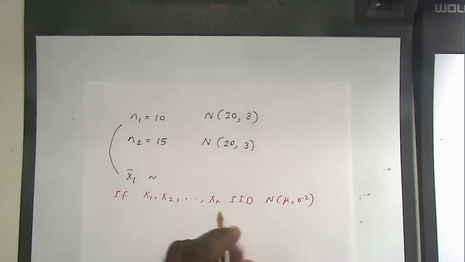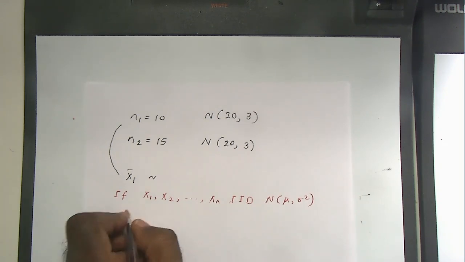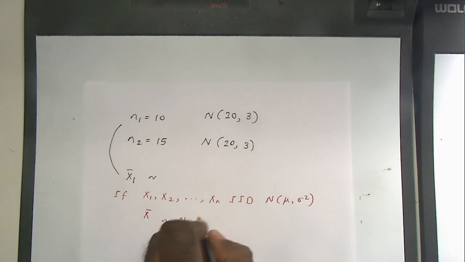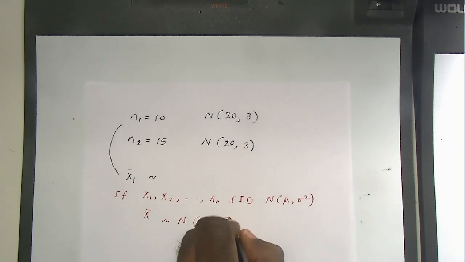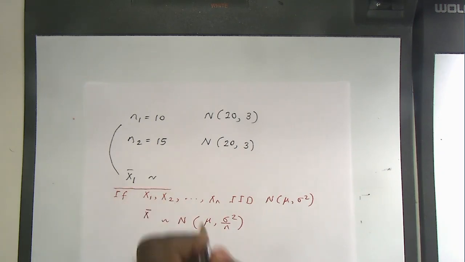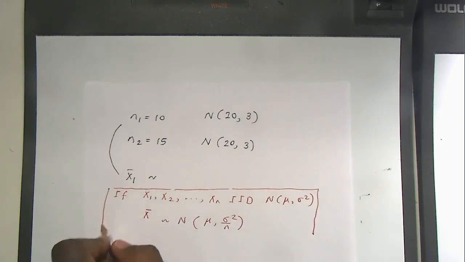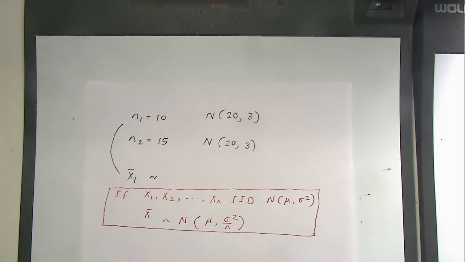If you have IID normal, then X bar, the sample mean, has a normal distribution also with parameters. Do you remember this result or not? I think I gave it to you. All right, this is a result.